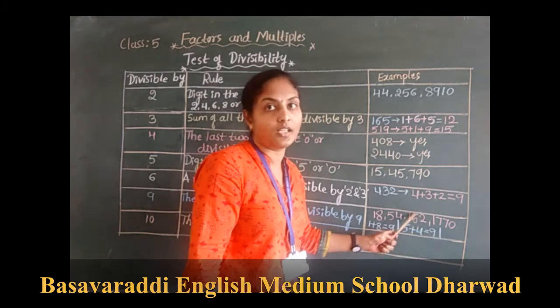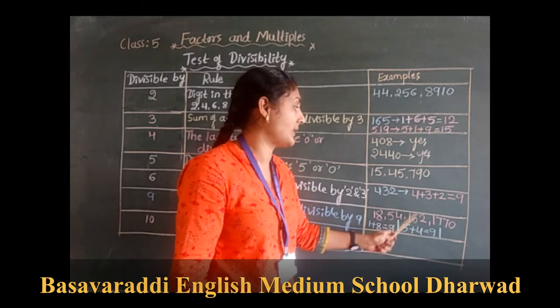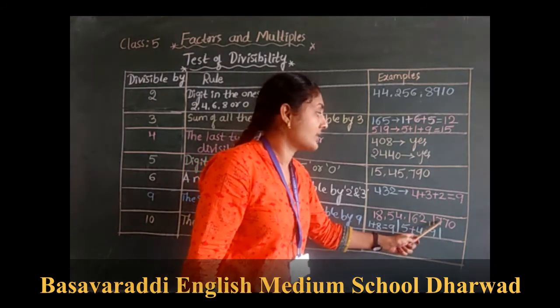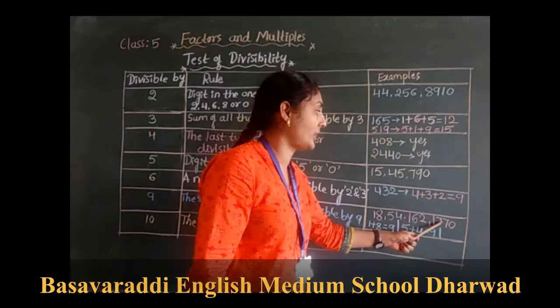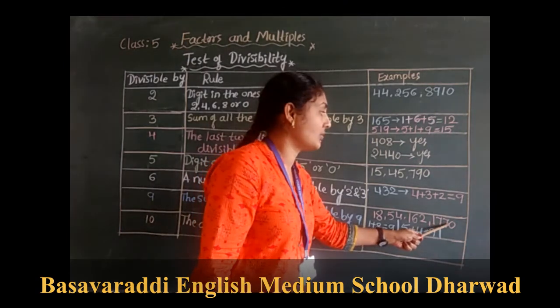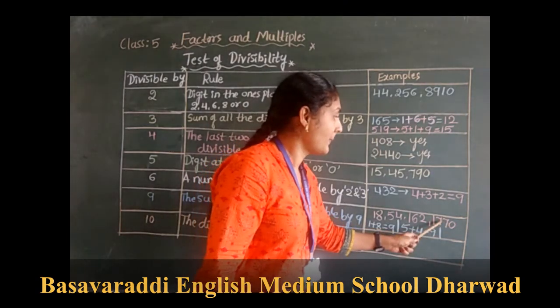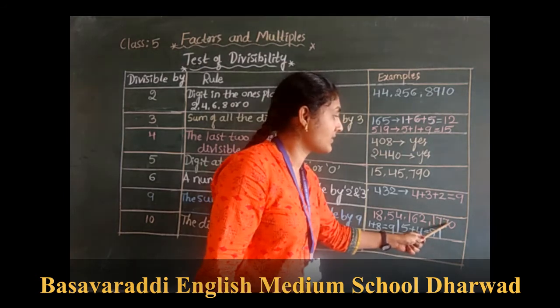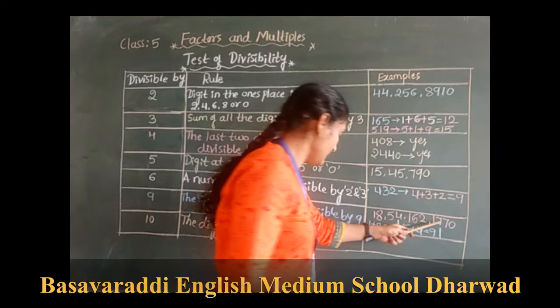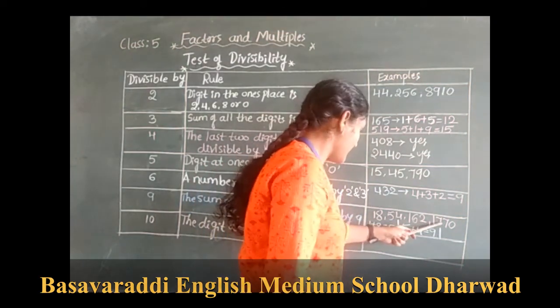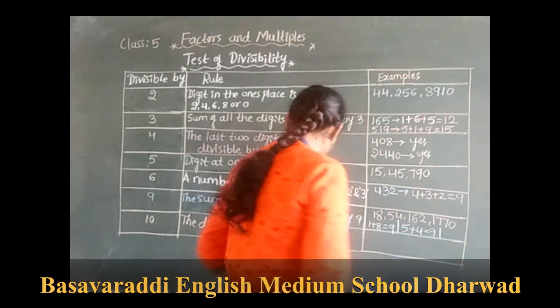So again, 162 is divisible by 9. 1770. Add the numbers: 1 plus 7 is equal to 8. 8 plus 7 is equal to 15. Then 770.